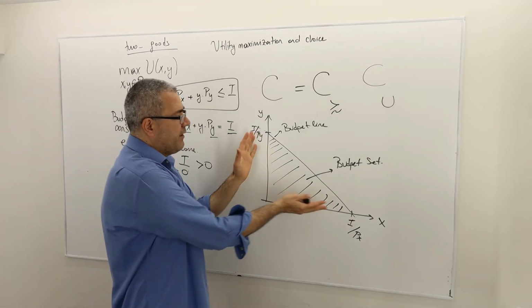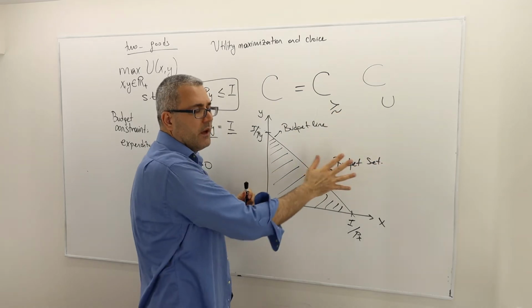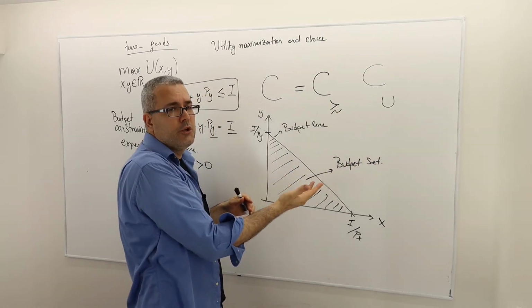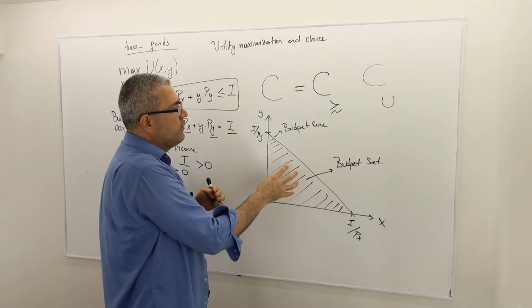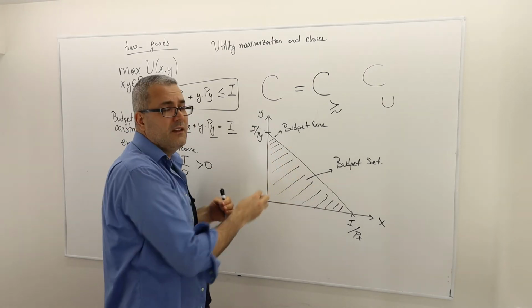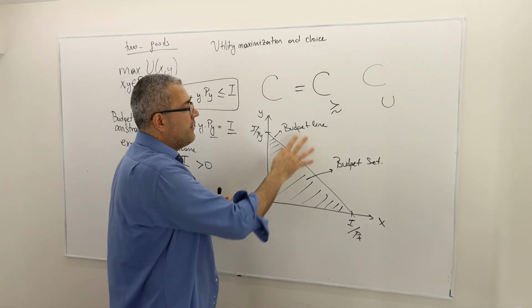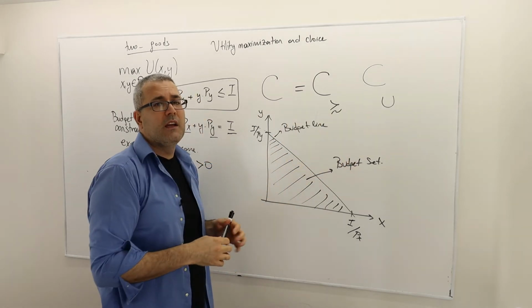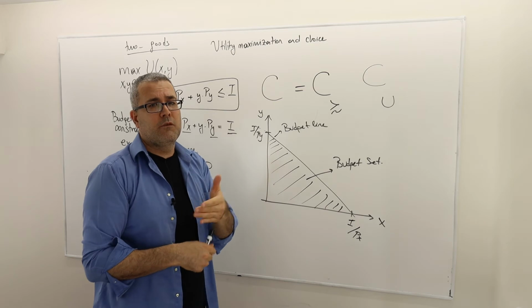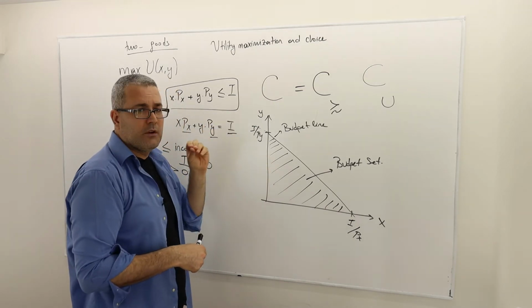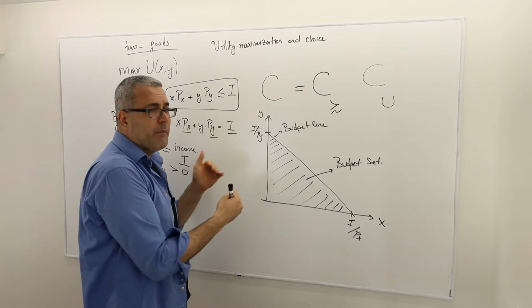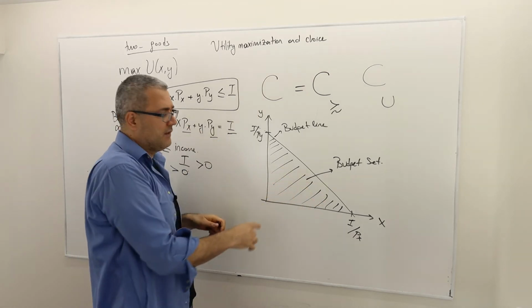I know everything in the first quadrant is allowed, but your constraint tells me that you have to choose a point in this triangle, because everything outside of this triangle is way too expensive for you. You don't have this income, so your income limits you to buying something in this set.